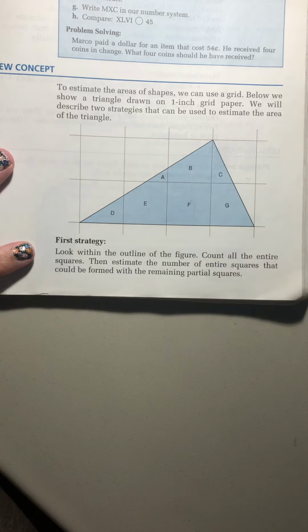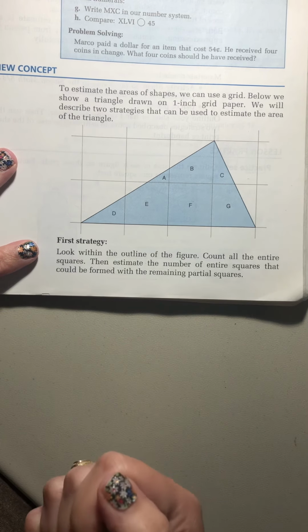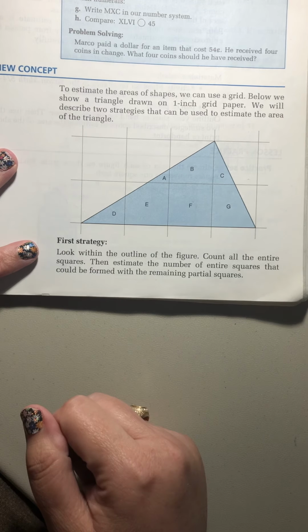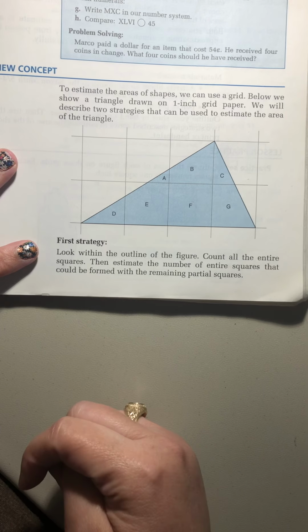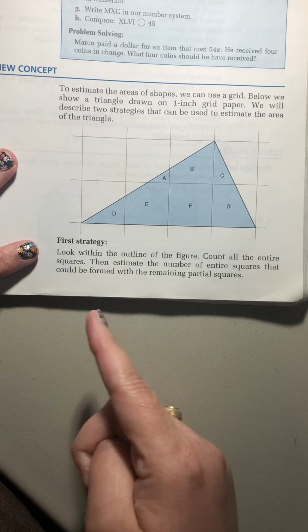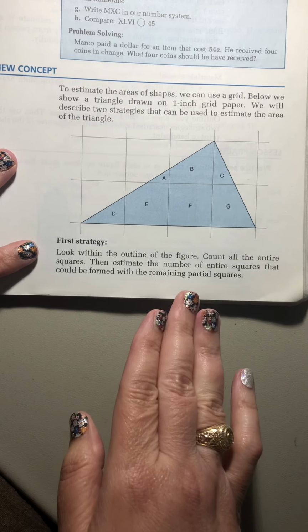So we have to figure out a way. What is our best way to estimate what the area of this triangle is? There are two different methods that we're going to use. The first method is to look at it and find first all the whole 1-inch grid squares that are covered completely.